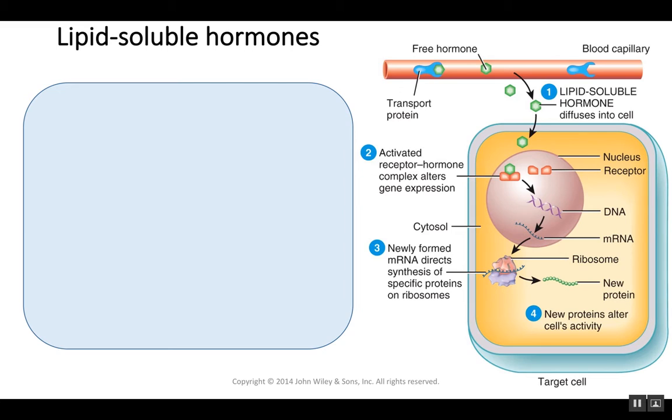We've heard of testosterone. Testosterone is produced by the testes in males. It is a lipid-soluble steroid hormone. We could have just as soon chosen estrogen or aldosterone or cortisol, but let's just use testosterone as our example. So it would have been produced by the testes, placed into the bloodstream.